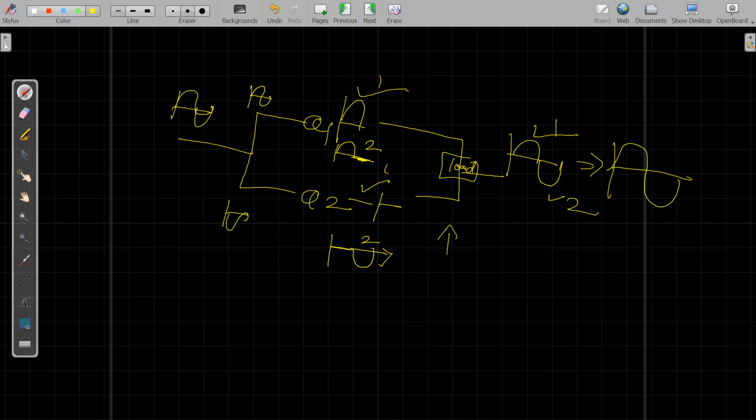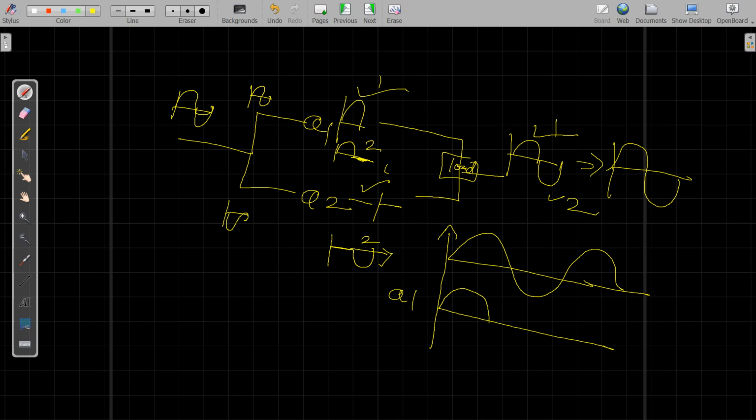Let us say this is your actual input, and if I draw the Q1 output, it is like this.